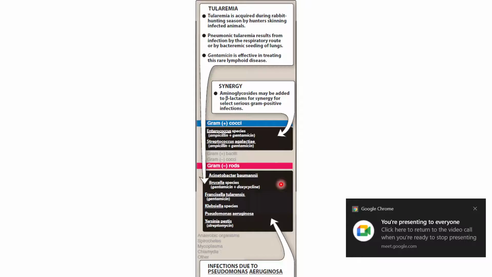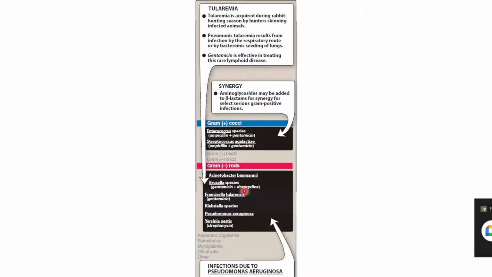Gram negative includes Brucella species, and also Francisella tularensis, Klebsiella, Pseudomonas aeruginosa, and Yersinia pestis. Most commonly used for diseases such as tularemia. Tularemia is a disease of hunters, because it is obtained from bunnies during the bunny hunting season.